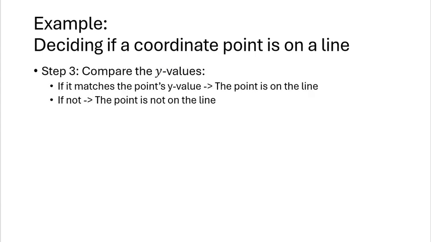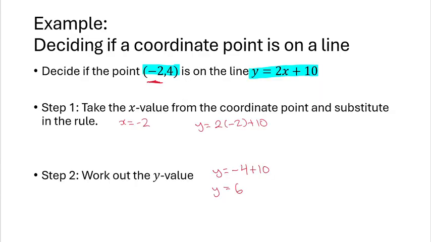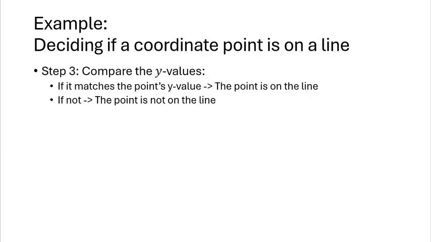Now, the final step is to compare the y values. Have a look at the coordinate point you were given. The coordinate point we were given was -2 and 4. So we want y equals 4 after substituting x equals -2.